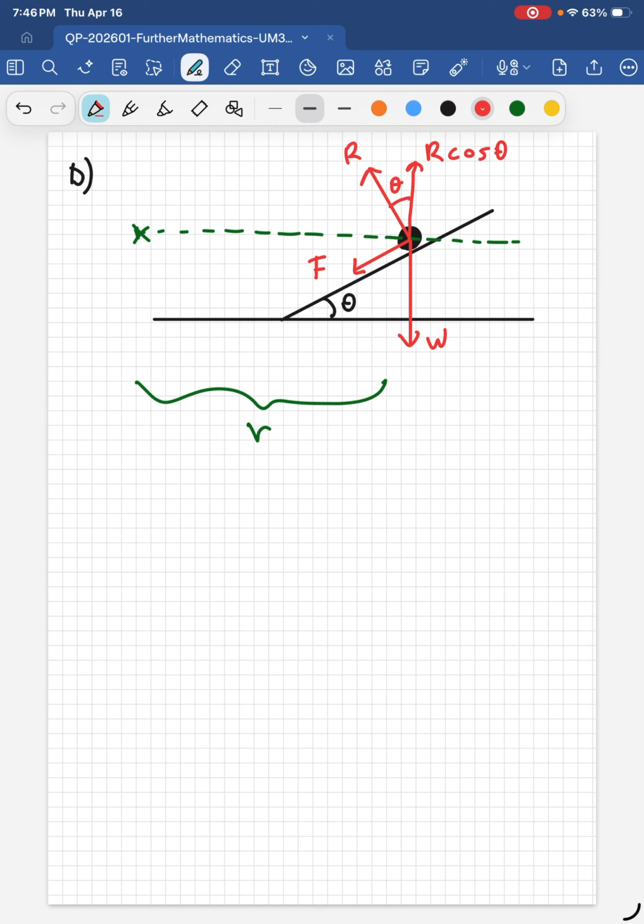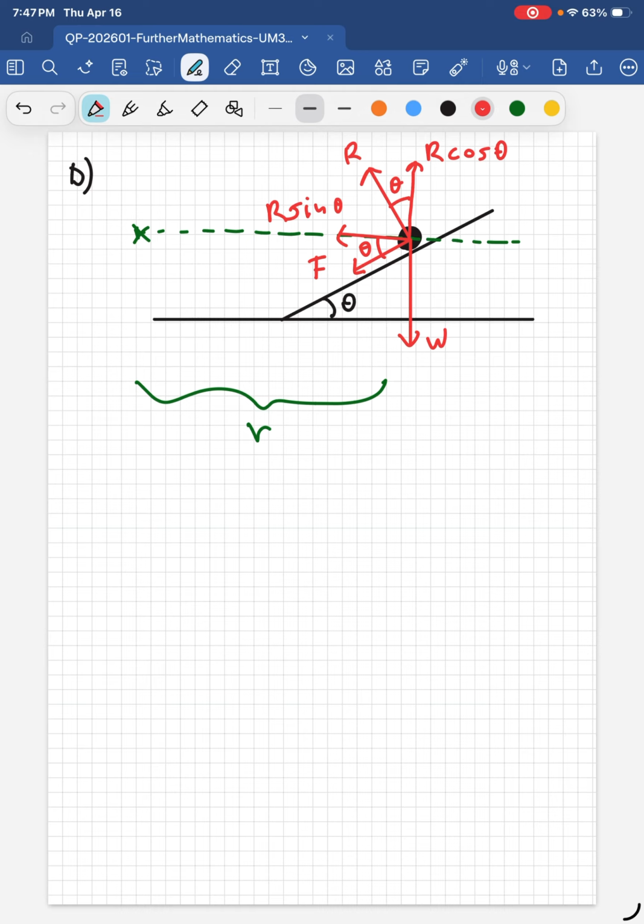And again, this angle is theta. And we have this component, R sine theta. But this is not the only component that provides centripetal force, because we now have the component of the friction. And now this angle is theta as well, okay?